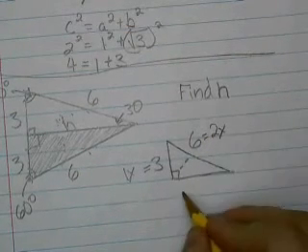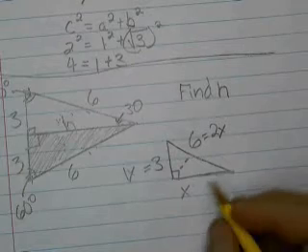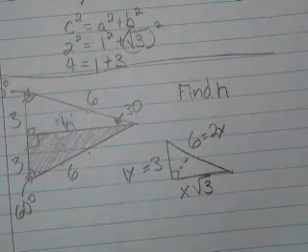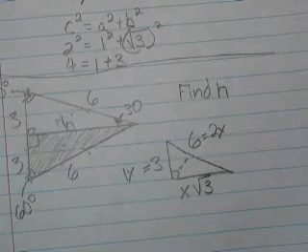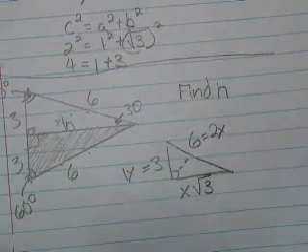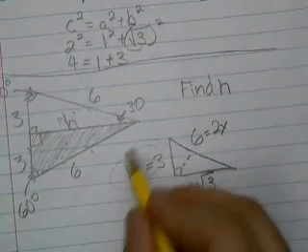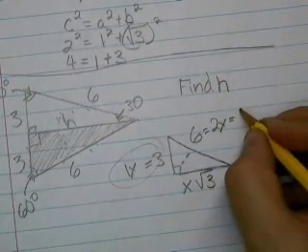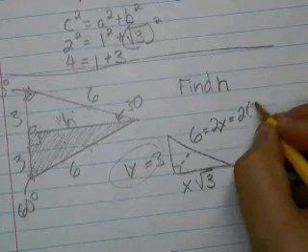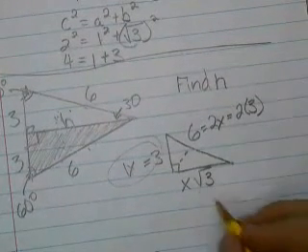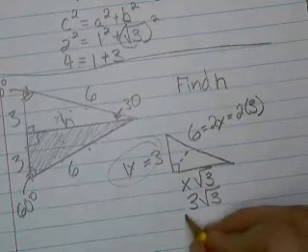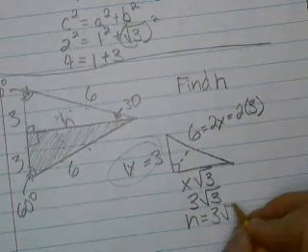And then this one down here should be x times the square root of 3. All right? So then what is x? If I look at this one, what's x? 3. Doesn't that make sense? Because 2 times x is going to be 2 times 3. That gives me 6. So what is h going to be? 3 times the square root of 3. So h equals 3 times the square root of 3.